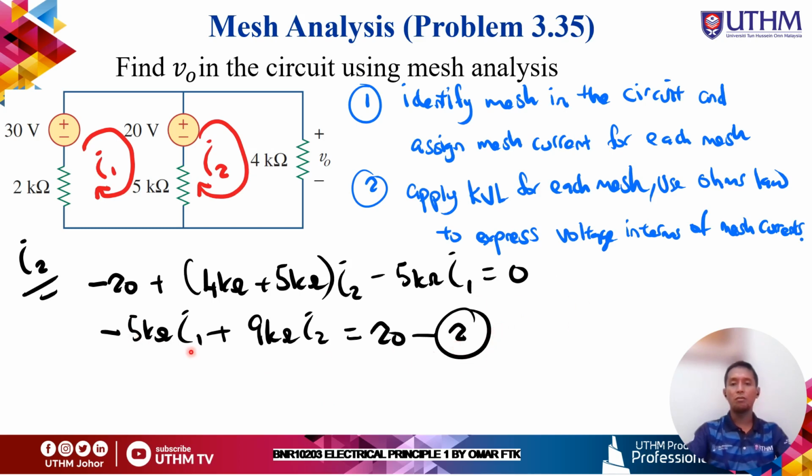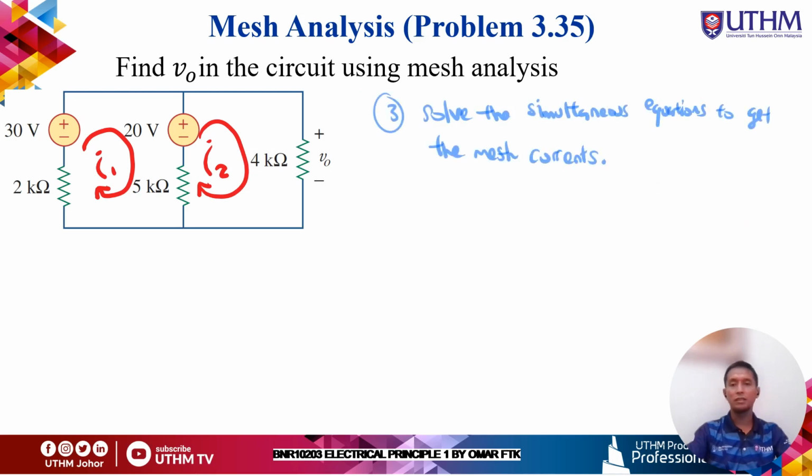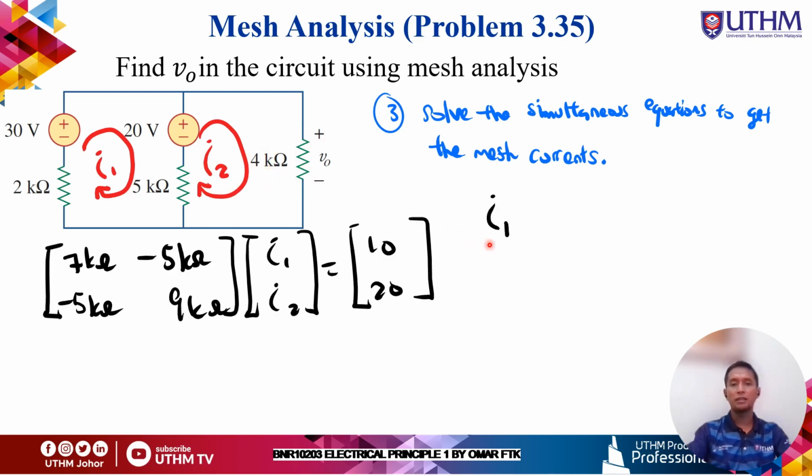So from these two equations for the first loop and the second loop, we can do the simultaneous equation, or you can just use a calculator to find I1 and I2. Once we get I2, then we can find the V output, because V out will be equal to I2 times 4k, right?